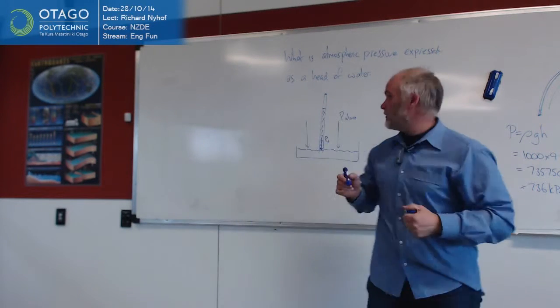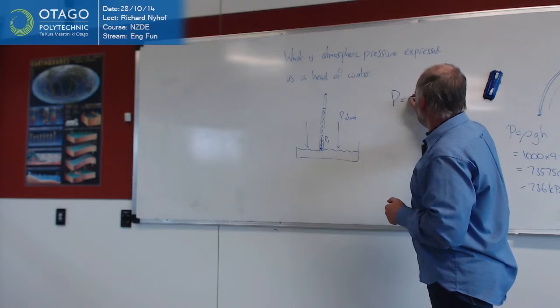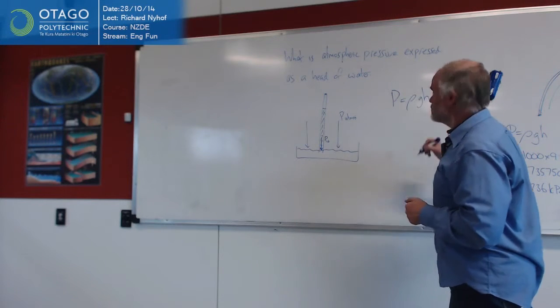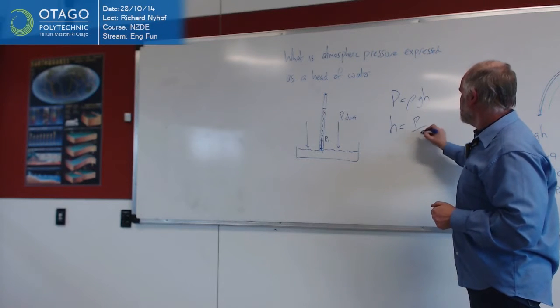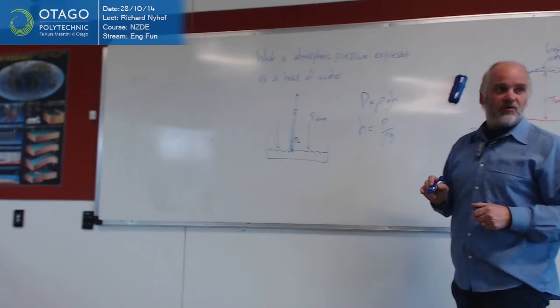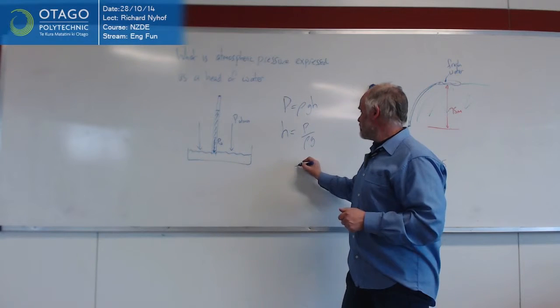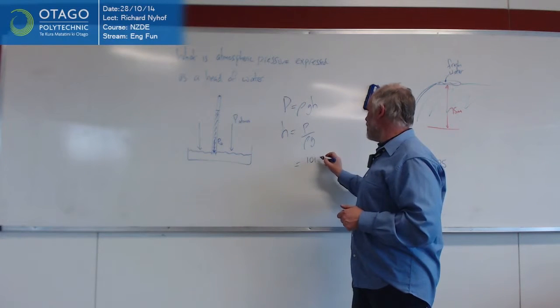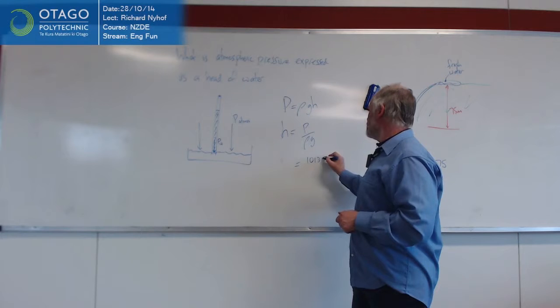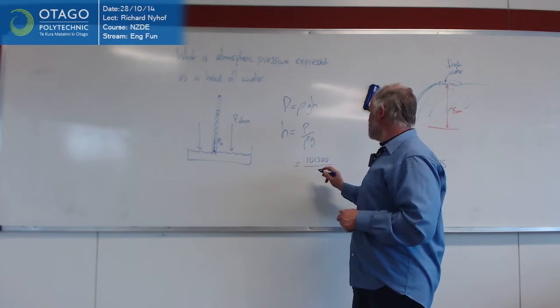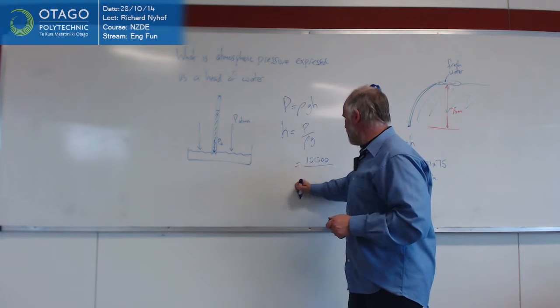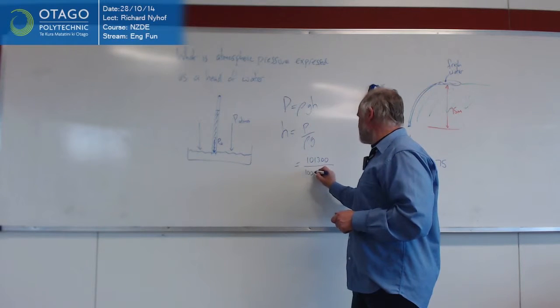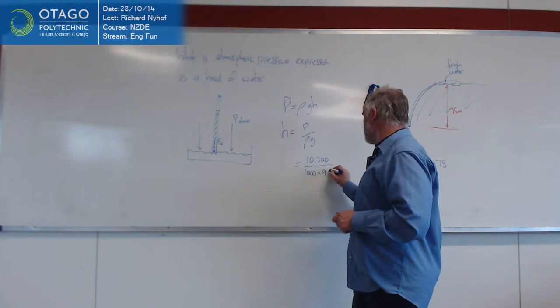So we can just do our calculation. P is rho g h, and we're trying to find the head in this case. A bit of algebra. So the head is the pressure, 101,000 pascals, divided by density times g. Oops, density is not 9.81, that's g. Density is 1,000 times 9.81.